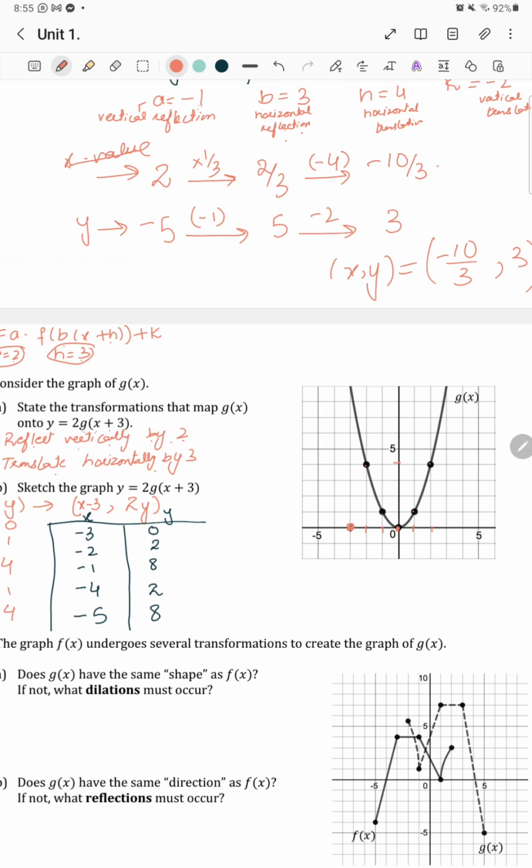X would be -2 and y would be +2. X would be -1 and y would be 8. X would be -4 and y would be +2. -5 and 8. This will be the new graph.